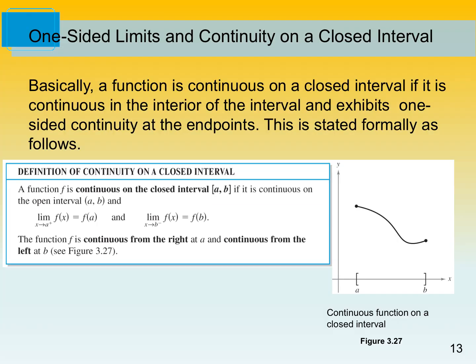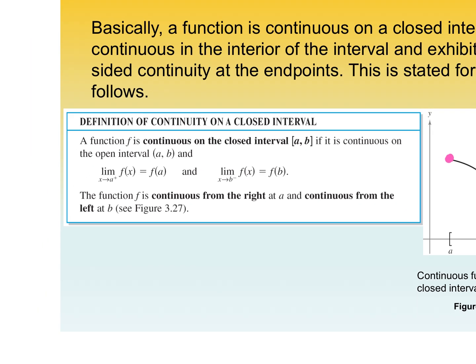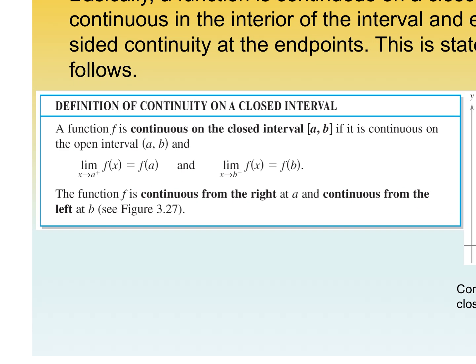All right, next we're going to talk about one-sided limits on a closed interval. So really all that means is that f of a has to exist and f of b has to exist. So these have to be closed circles if you're talking about a closed interval. So here it says the limit as x approaches a from the positive direction, so coming from the right, of f of x has to be equal to f of a. So f of a has to exist.